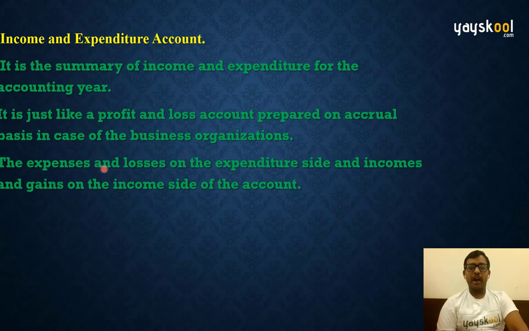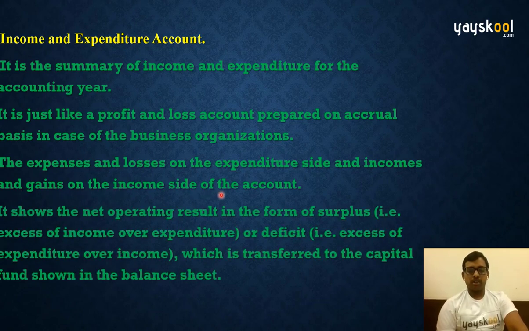The expenses and losses are on the expenditure side and incomes and gains on the income side of the account. It shows the net operating result in the form of surplus, excess of income over expenditure, or deficiency (excess of expenditure over income), which is transferred to the capital fund shown in the balance sheet.